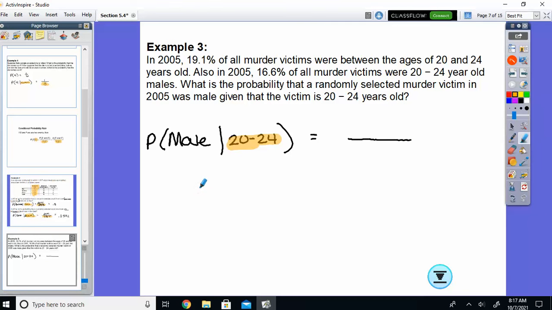My denominator is my given. So what is the 20 to 24? What's the probability that you're between 20 to 24? 19.1. Of those, so of the 20 to 24-year-olds, how many were male?